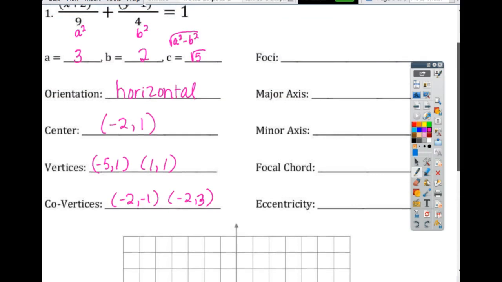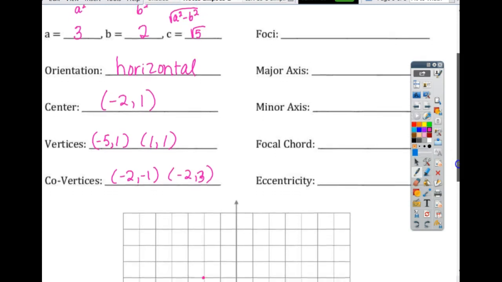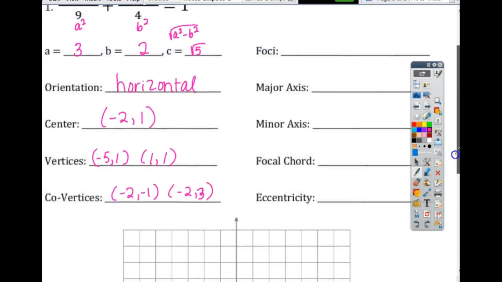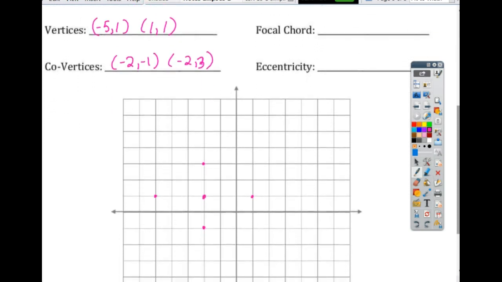All right. So next is the focus. The focus works just like it did on the parabola. So I'm going to use the C. The C is the focus. And if it's horizontal, it goes on this axis. And if it's vertical, it goes on this axis. And literally what you're going to do, what is the square root of 5? Somebody do that on their calculator. Somebody do it on your phone. You've got your phones out.